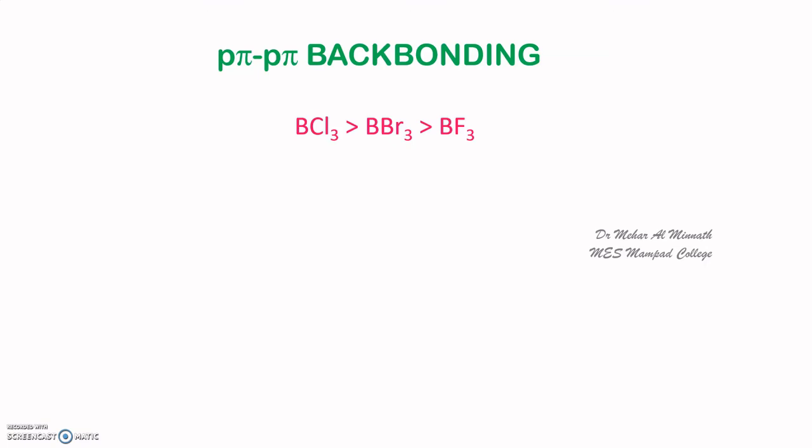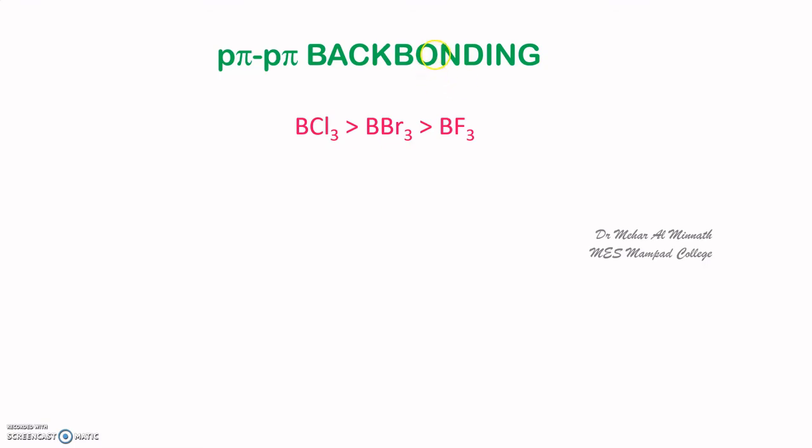Because of this p-pi back bonding, the electron accepting power of boron is reduced, and boron becomes a less electron deficient center, so its acidity decreases.